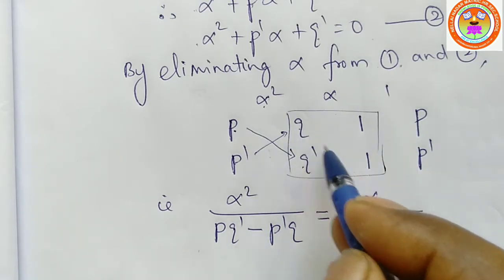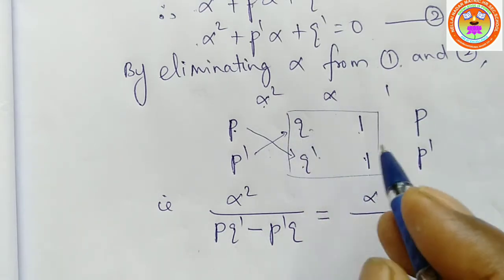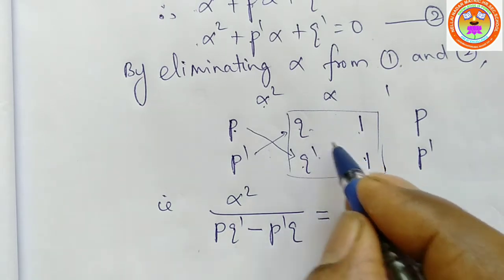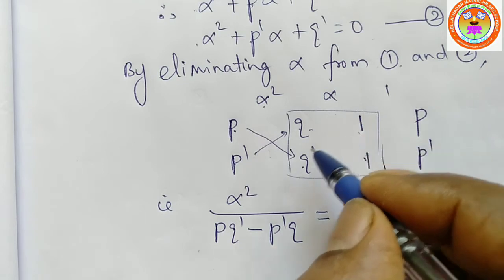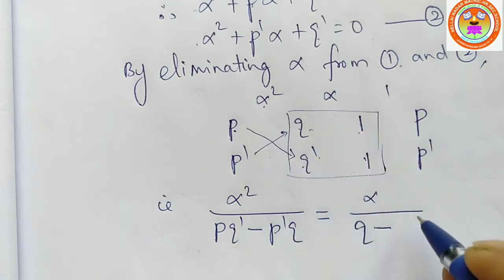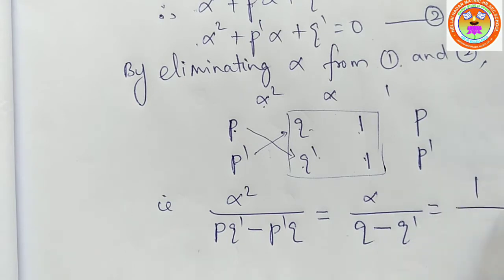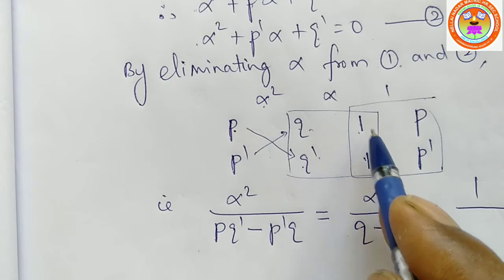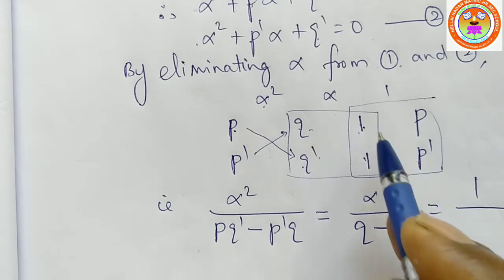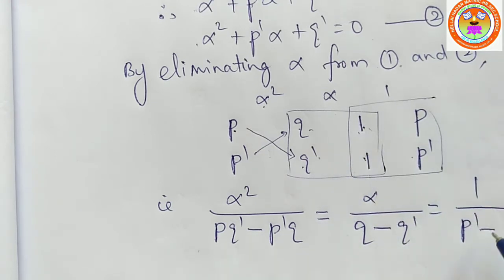So cross multiply, q minus q dash. First multiply these two terms, that is q, minus then multiply the other two elements, 1 into q dash is q dash, which is equal to 1 by these 4 elements. So just expand 1 into p dash minus 1 into p, that is p.